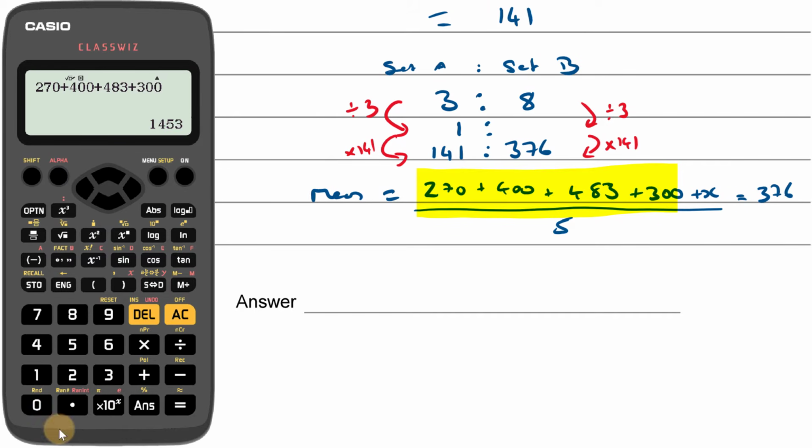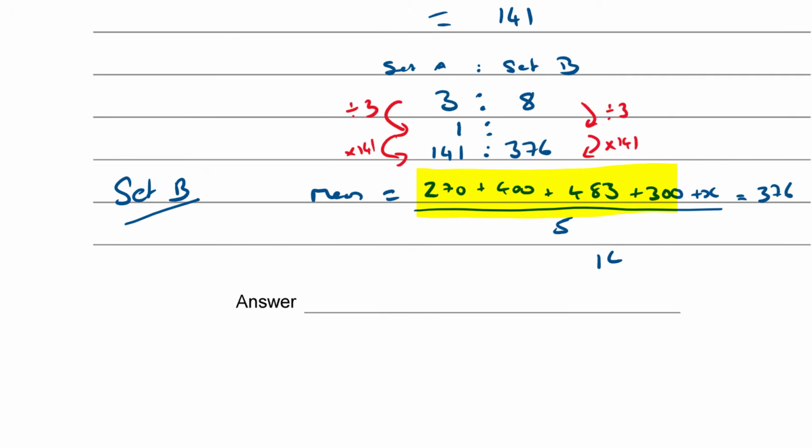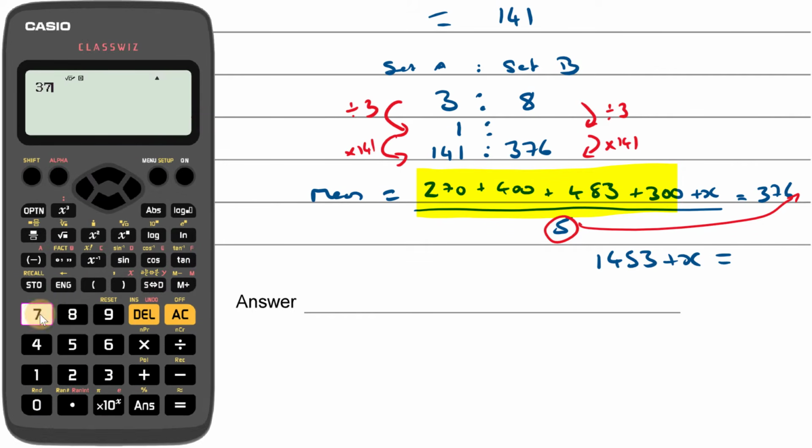That comes to 1,453. So the top of my quotient there comes out to be 1453 plus x is equal to, I'm going to take this 5 that was dividing down here, and cross multiply it up there. So I'm going to times both sides by 5 basically. So what's 376 times 5?